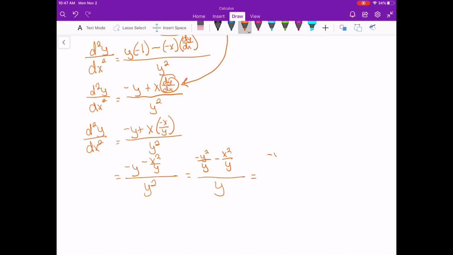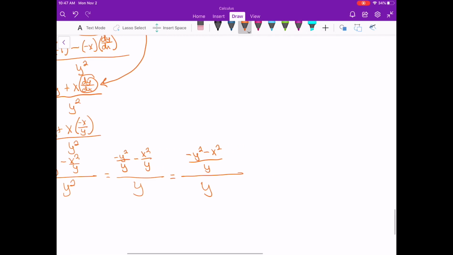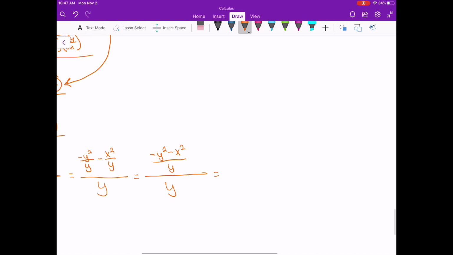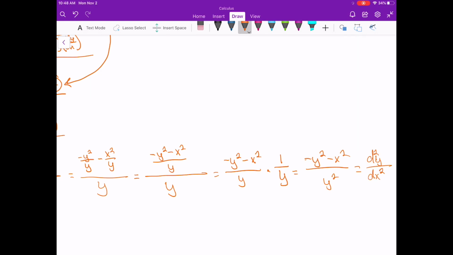So now we get negative y squared minus x squared all over y divided by y. Now we have a fraction within a fraction, so we can flip and multiply. So negative y squared minus x squared all over y times, flip the y so it becomes 1 over y. So our answer becomes negative y squared minus x squared over y squared. And that is our derivative. That's our second derivative.